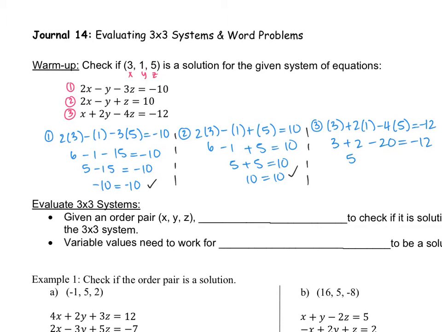If I add that, that gives me 5 minus 20, which gives me negative 15. And last time I checked, that does not equal negative 12. So this one failed. Since one of them failed, that means the entire thing is not a solution, because not every single equation works. So we're going to say not a solution.